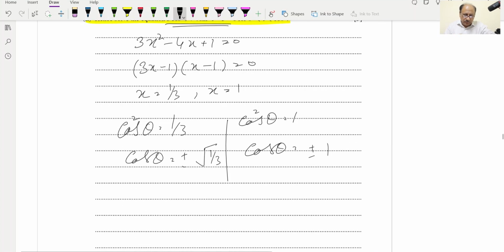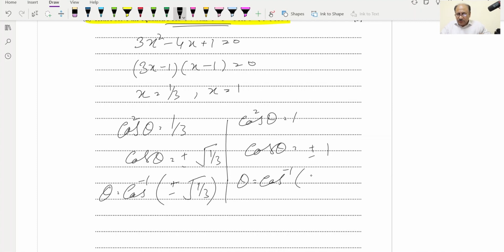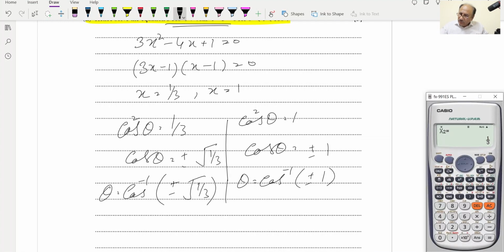So theta will be equal to cos inverse of plus minus square root 1 over 3, and theta is equal to cos inverse of plus minus 1, and we can check the values.